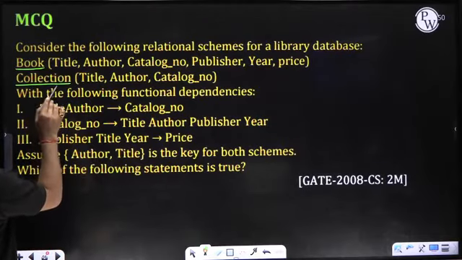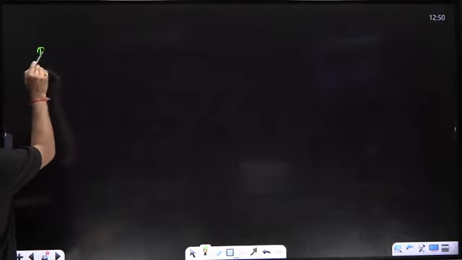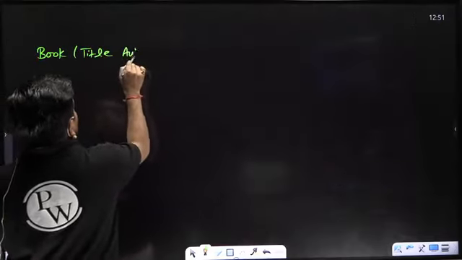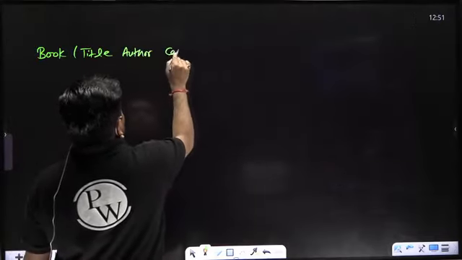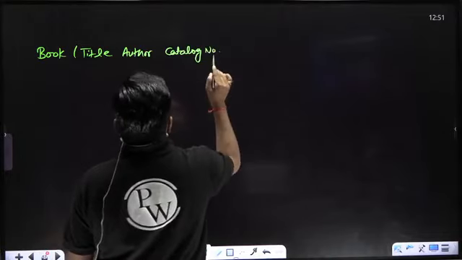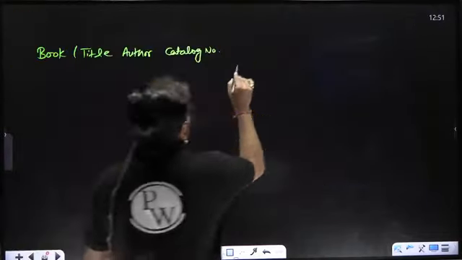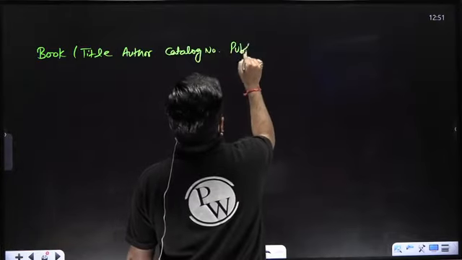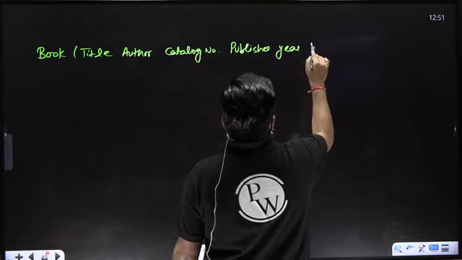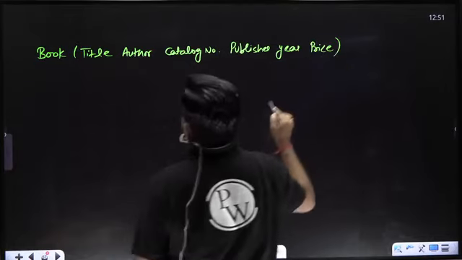We have two schemas. First one is book. Book having title, author, catalog number, publisher, year, price.